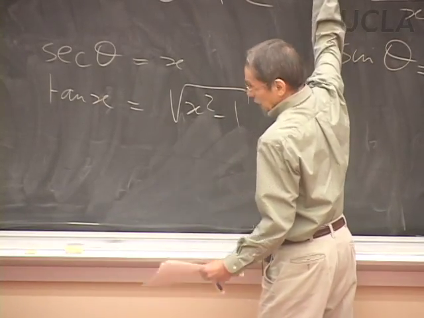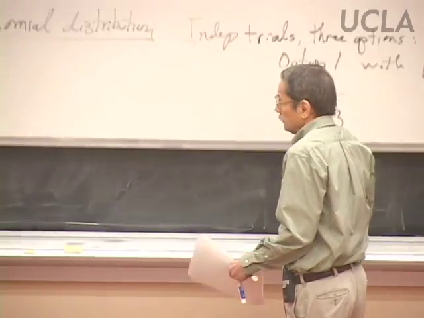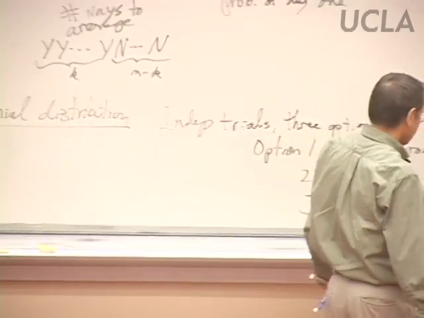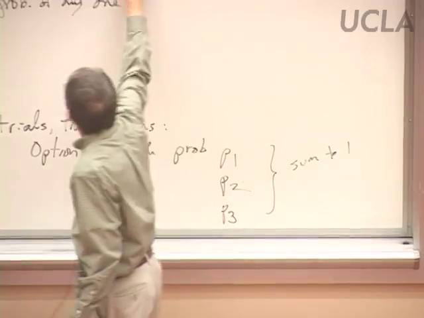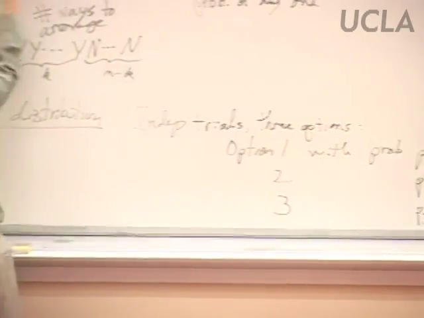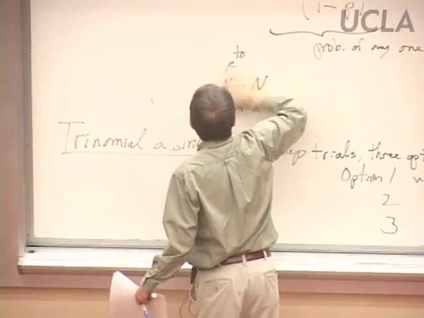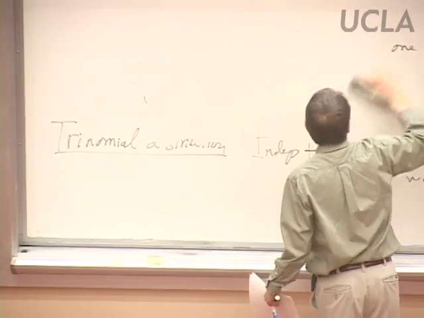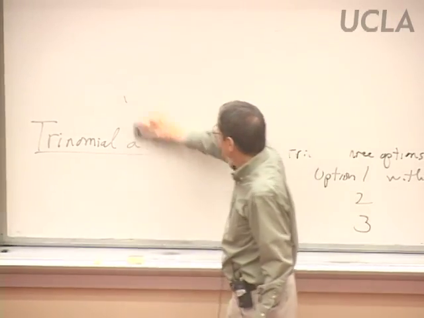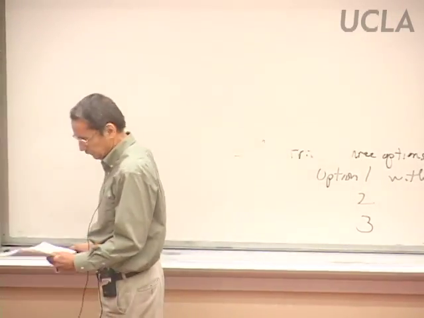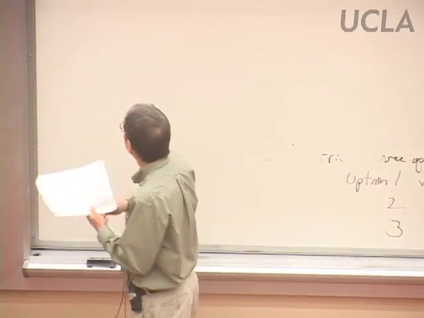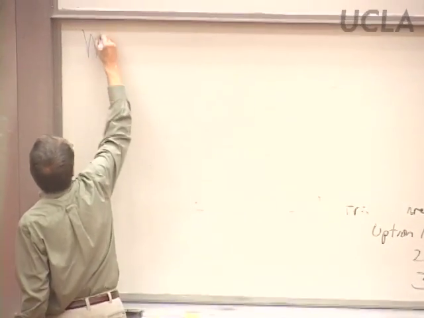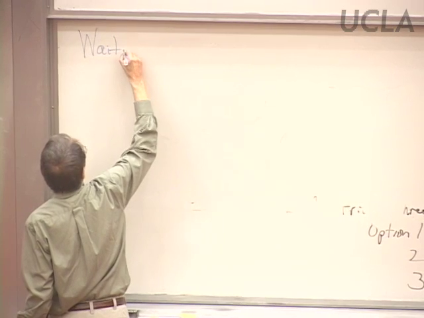Namely, the number of trials until you first succeed. Well, you might be lucky. Maybe it's just 1 trial, instant success. Yeah, and maybe not. So we want to look at the waiting time.